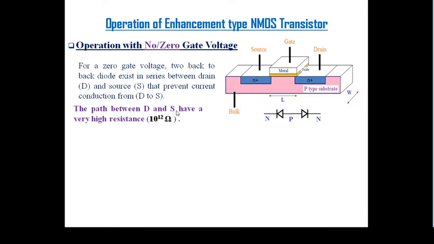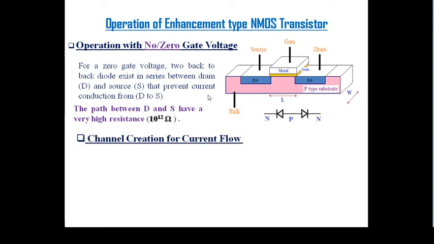The path between drain and source has a very high resistance. This operation occurs when there is zero gate voltage, when we are not giving any gate voltage. So operation with no gate voltage is clear: two back-to-back diodes exist in series and offer a very high resistance, around 10 to the power 12 ohm.